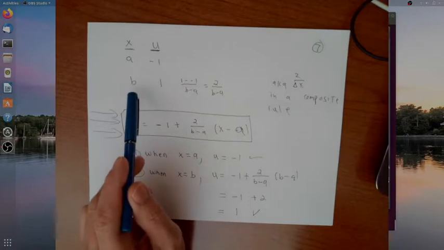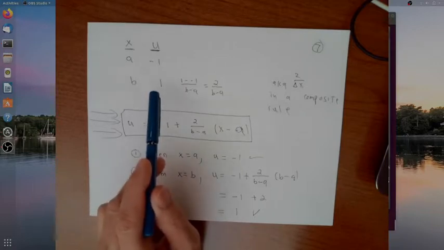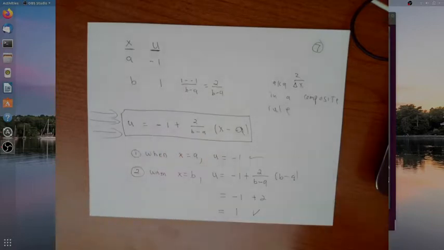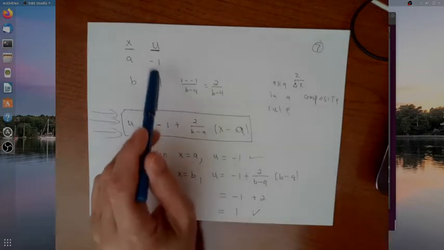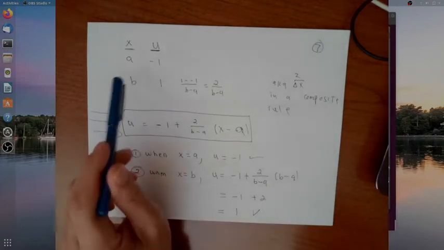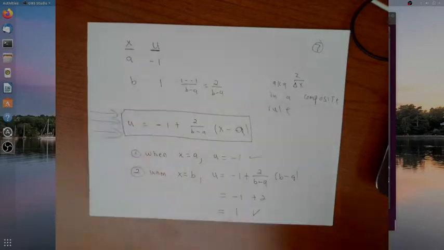When x is equal to b, I want u to be positive 1. The Newton coefficient is 1 minus negative 1 divided by b minus a, which is 2 divided by b minus a. Parenthetically, if this is secretly integrating over a subinterval, this would just be 2 divided by delta x.